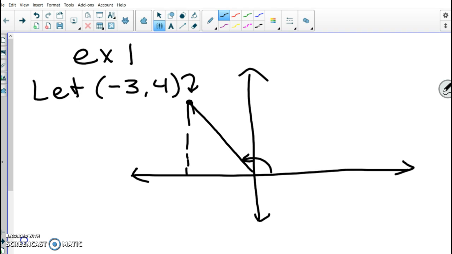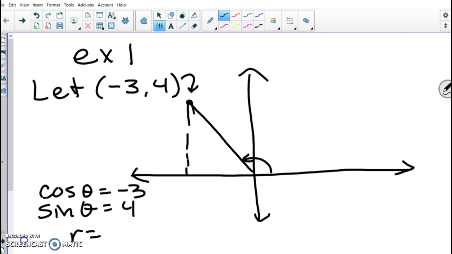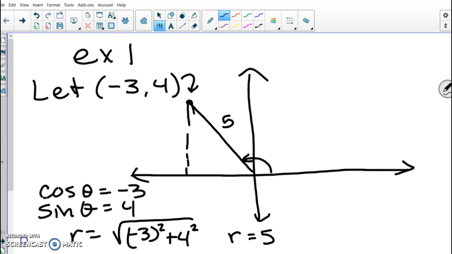We know that the cosine of theta is our x value, and the sine of theta is our y value, and we know that the radius is equal to the square root of negative 3 squared plus 4 squared, and we know that 9 plus 16 is 25, so our radius is equal to 5. That's why we've jumped out of the unit circle. We see that a radius is 5.